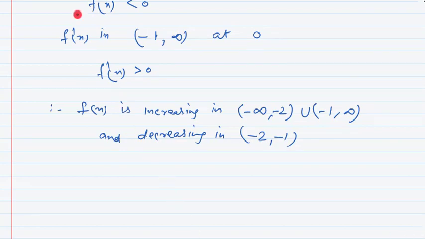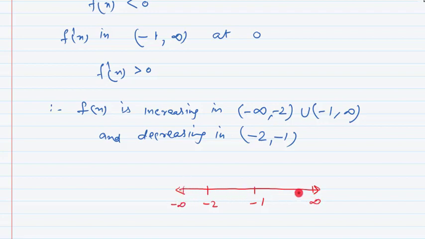Here I want to tell you one shortcut method to check your answer. For this, draw a number line, and on this number line place the values of x that you have calculated. So we have calculated two values over here, minus 2 and minus 1. So let us put minus 2 and minus 1 on the number line. Here it is infinity and here it is minus infinity.